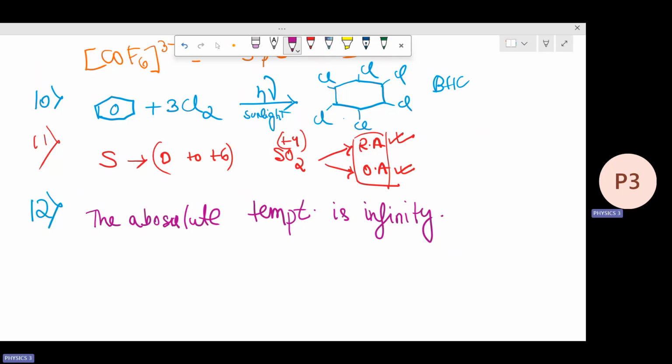Next, question number 13. If we go, we find that they are asking us about ozonolysis. I hope we all know we have seen this kind of question in previous exams as well. Whenever it comes to ozonolysis, we should write down the carbons containing the oxygen in such a manner that they are arranged like this.